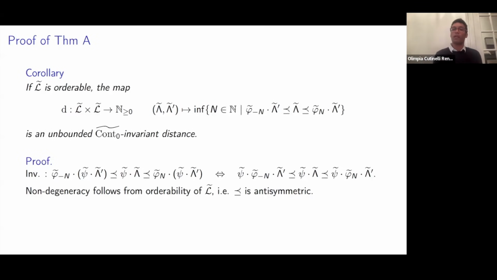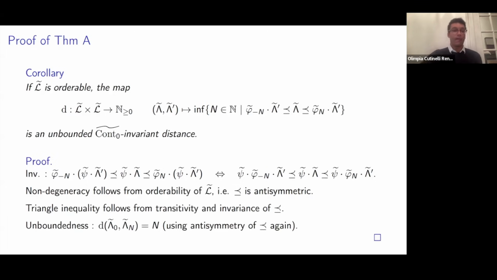So by antisymmetry, lambda has to be equal to lambda prime. So this is how you deduce non-degeneracy. And then the triangle inequality follows from transitivity and invariance of this binary relation.